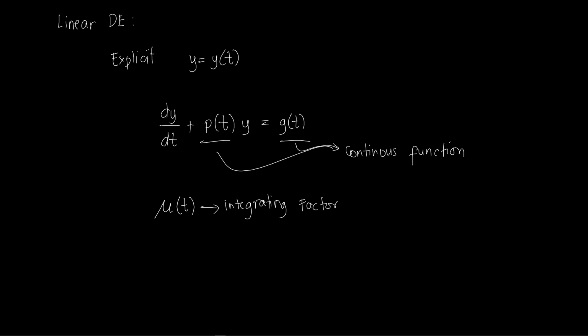Okay? So, i-multiply natin to everything with mu of t. So, magiging mu of t times dy over dt plus mu of t times p of t times y is equal to mu of t times g of t.